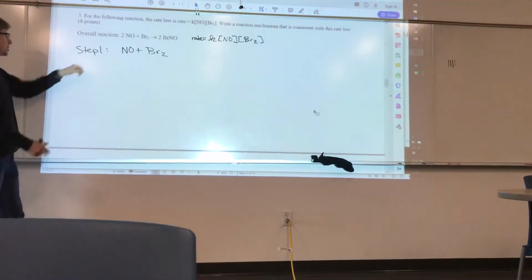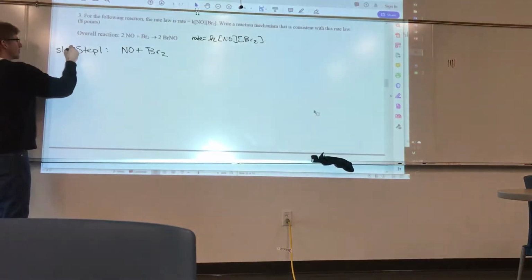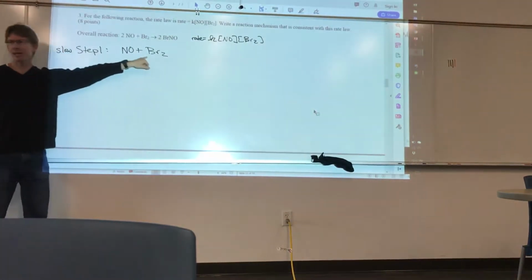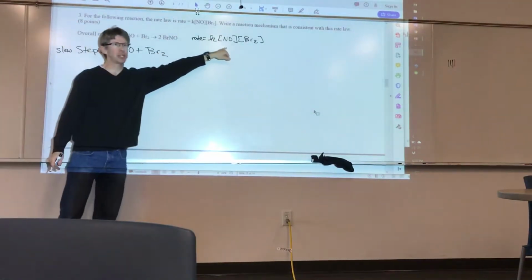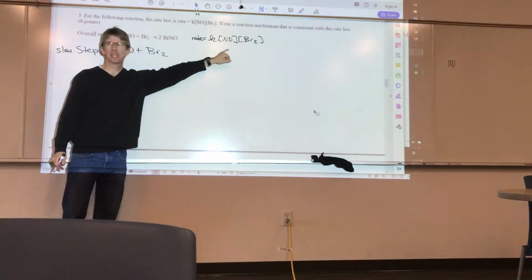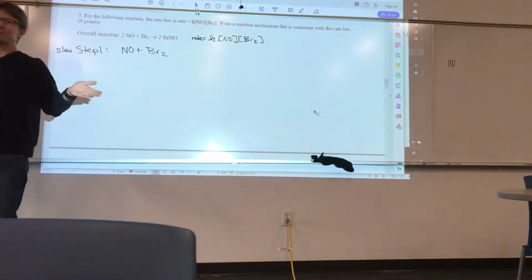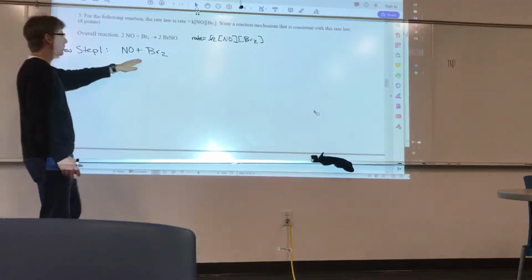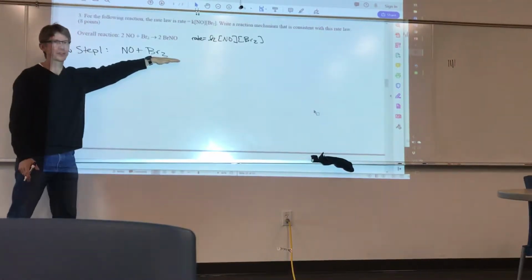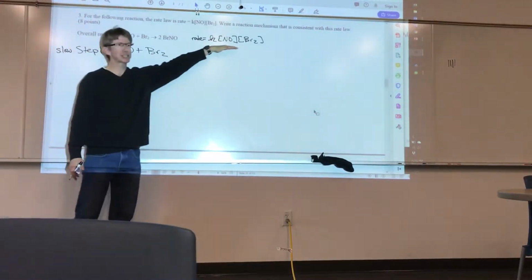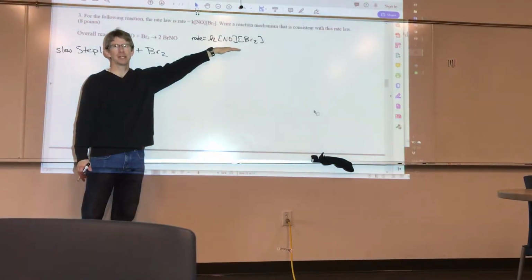The one that you want to call slow is the one that has the rate law that matches the experimentally determined rate law. I haven't even written my products yet, but I know that when I write a rate law for this step, it will match the experimentally determined rate law. Any questions so far?